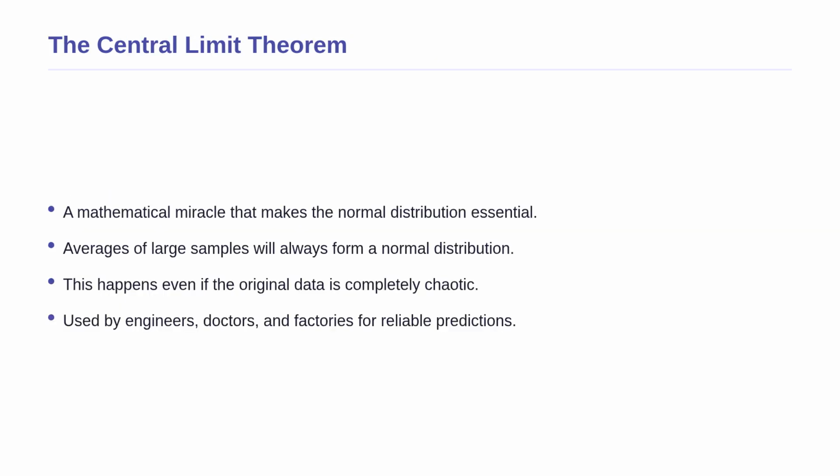Now that we have used these formulas, let us understand why the normal distribution is so universally important. It comes down to a mathematical miracle called the central limit theorem. This theorem proves that if you take enough samples of almost anything, even if the original data is completely chaotic and not normal at all, the averages of those samples will always form a perfect normal distribution.